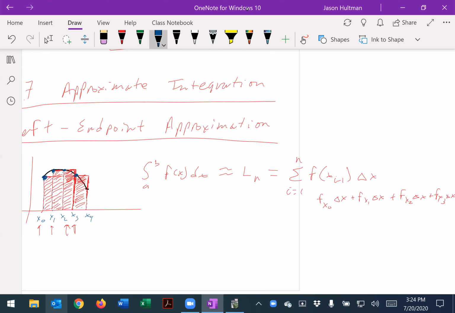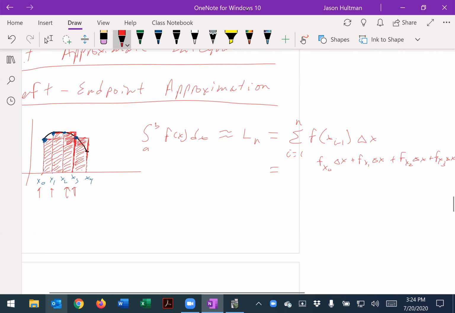And so we sum that up, and what we're going to do is factor out the delta x. This f of x0 is the height of the rectangle, and this is the width of each rectangle.